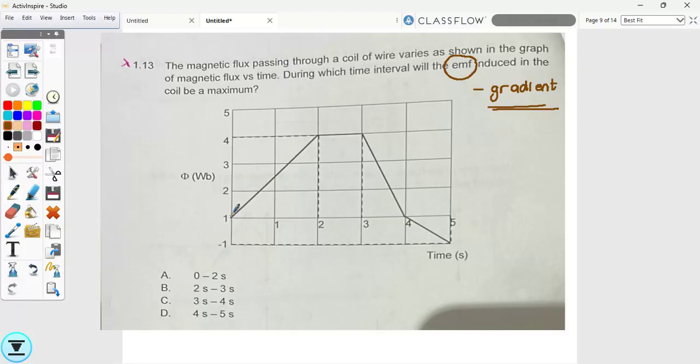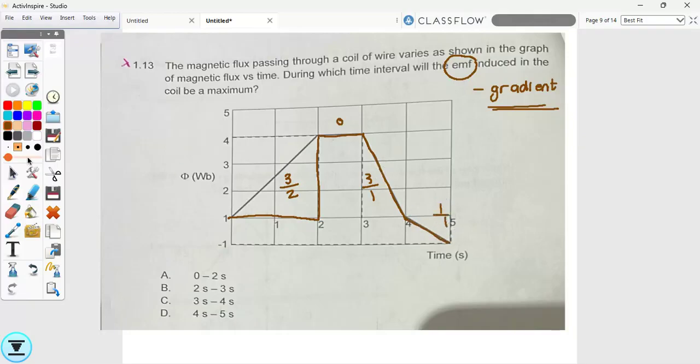So where is it changing the quickest? Let's look here. So here we're going 1, 2, 3 over 2. So for there, the gradient is 3 over 2. Here the gradient is 0. Here the gradient is 1, 2, 3 over 1. So that's already bigger than that one. So 3 to 4 seconds is winning so far. And here it is 1 over 1.